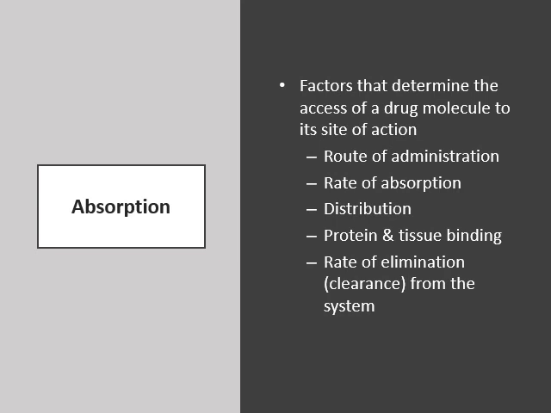Do you have a patient who is in shock, or a patient who is febrile? Any of those situations affect absorption. Distribution, which we're going to talk about, protein and tissue binding, and rate of elimination or clearance from the system, all determine the access of the drug molecule to the site of action.